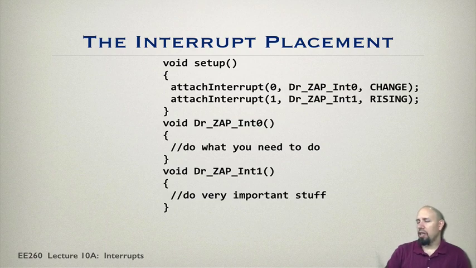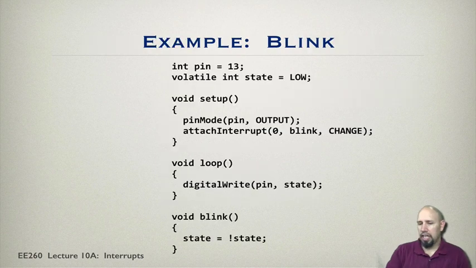Similarly interrupt routine 1. So this is the basic interrupt placement. You define the interrupts in your setup routine, and then you define these interrupt service routines. And again, all of this is independent of the loop command. So that's where the interrupts would be placed.